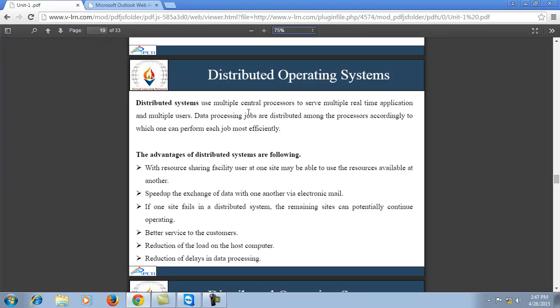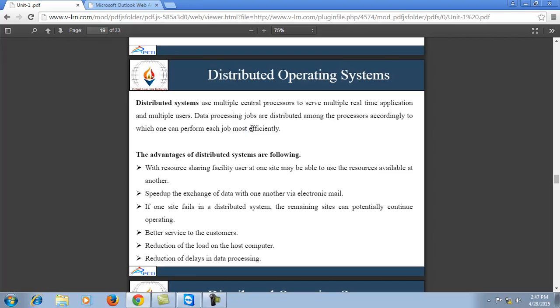A distributed system uses multiple central processors to serve multiple real-time applications and multiple users located in areas or locations A, B, C. Data processing jobs are distributed among the processors according to which one can perform each job most efficiently. A number of processors are there, and everyone is busy executing their tasks.